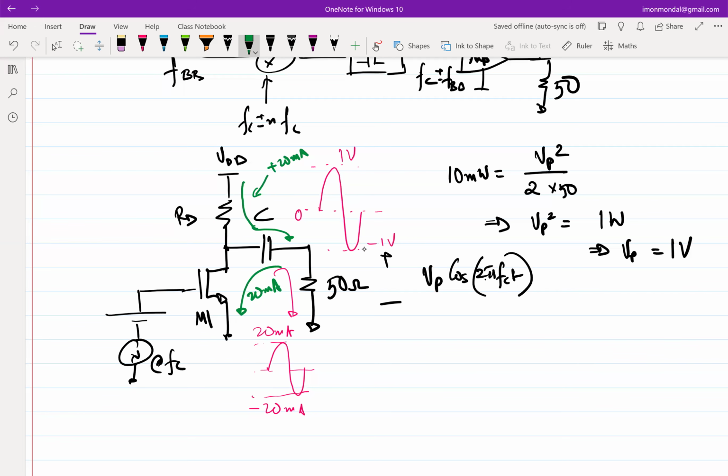We get higher GM value, but if the only constraint that I give you is this plus 20 milliamp, minus 20 milliamp, will simply biasing at saturation be sufficient, or is there any other constraint? It has to be on with what value of current? 20 milliamps to flow inwards. If it didn't have 20 milliamps to flow, what would have happened?